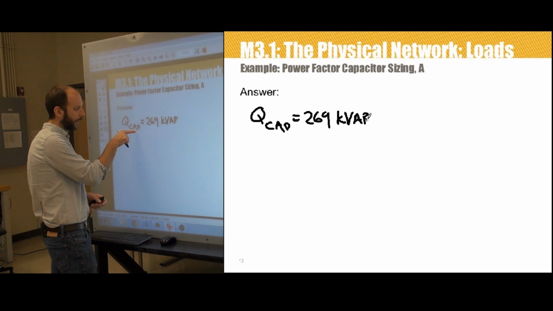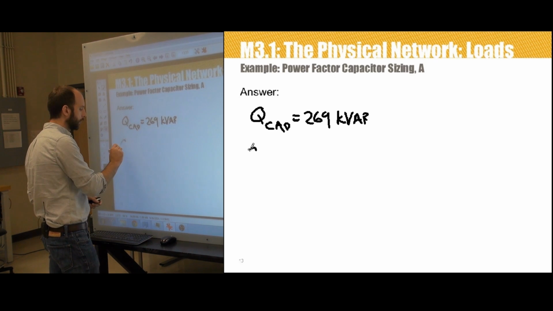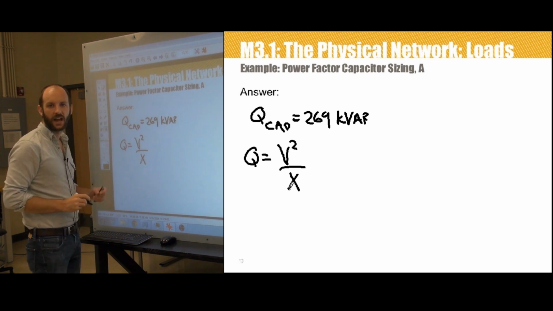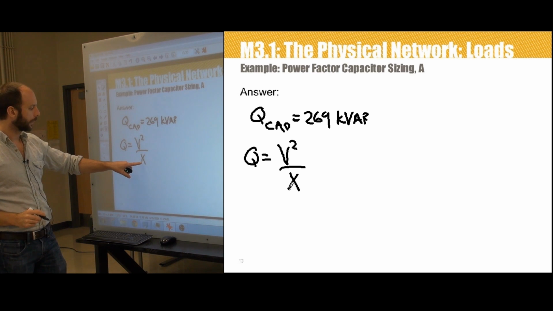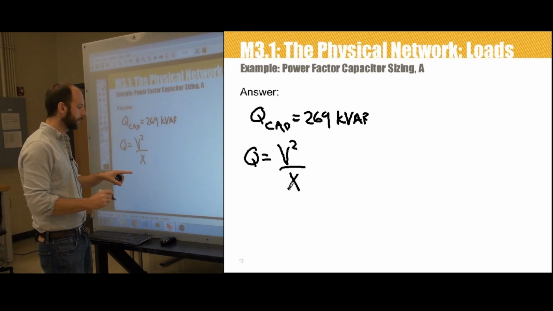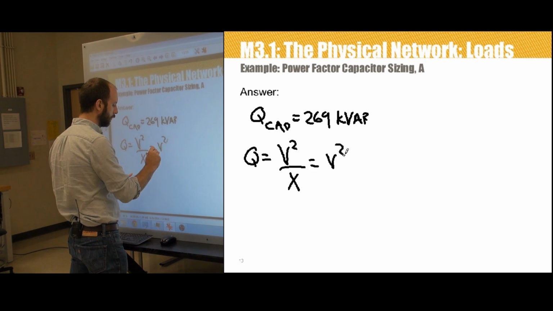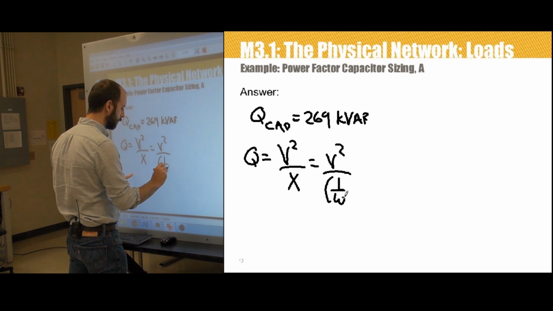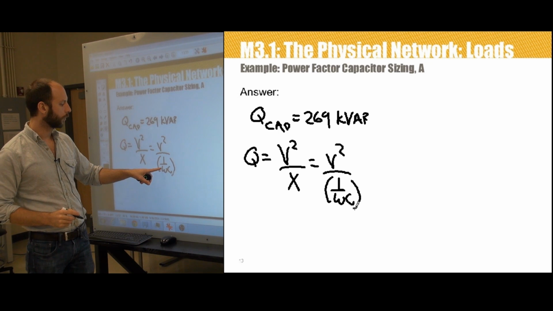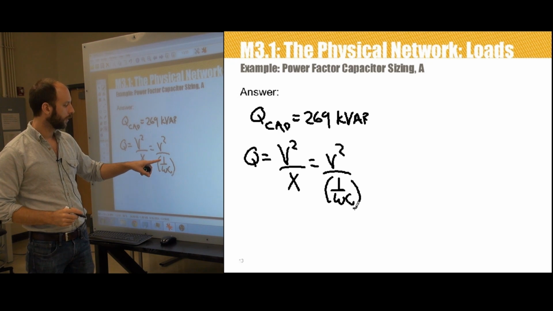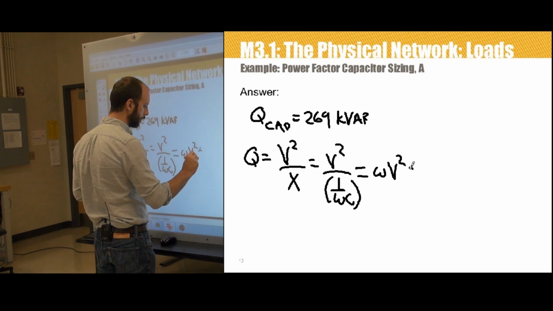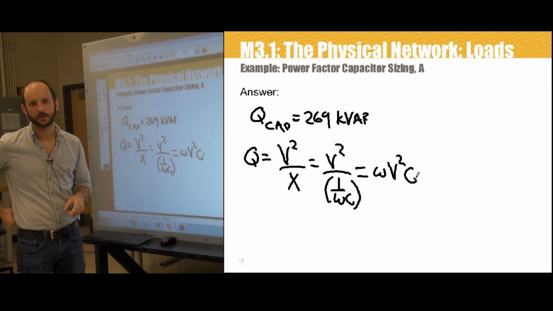So for a purely reactive element, Q is just equal to V squared over X. We can make the substitution for a capacitor that X is 1 over omega C. That leaves us with Q is equal to omega times V squared times C.